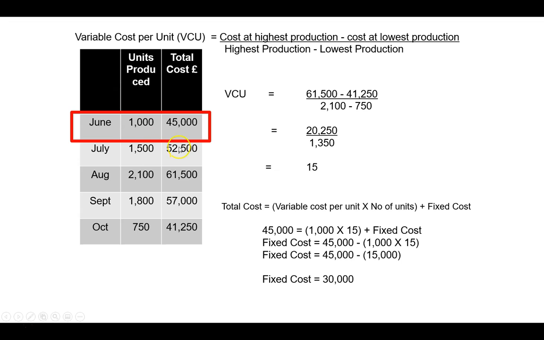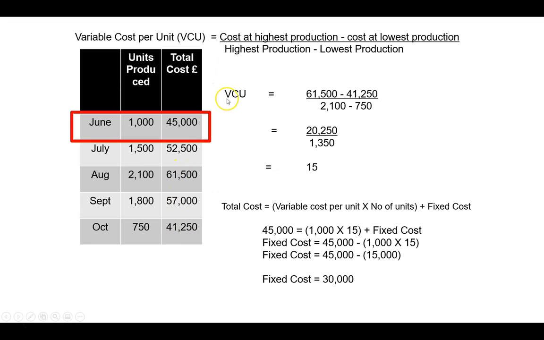Okay, fixed cost is always the same. So for July, 30,000 is the fixed cost, and our variable cost will be what? The 52 minus 30, which is 22,500. So in the same way, the fixed cost is the same throughout, and then now we can know the variable cost component.